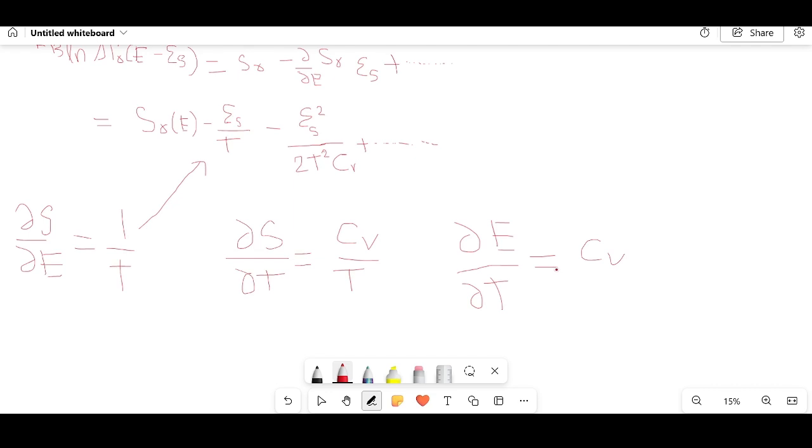These three formulas are used to attain the equation of the form like this.